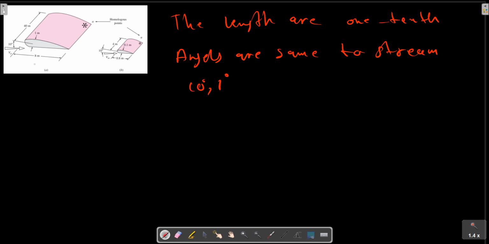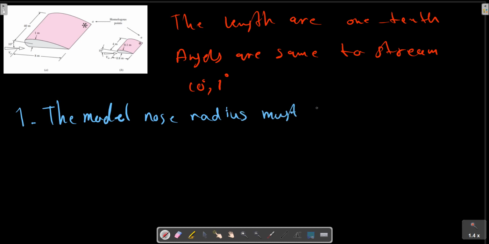So we have, first, the model nose radius must be 1/10 as large.